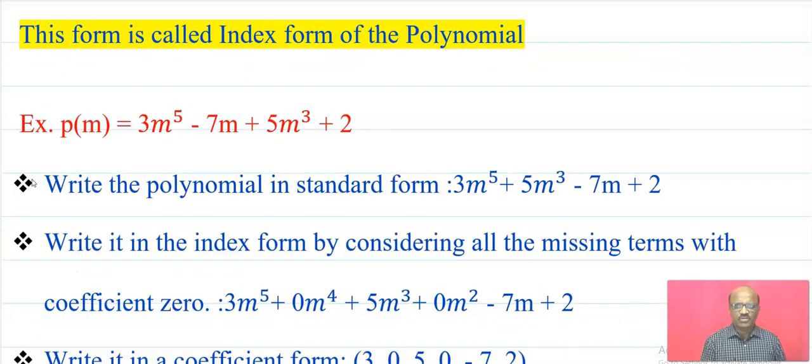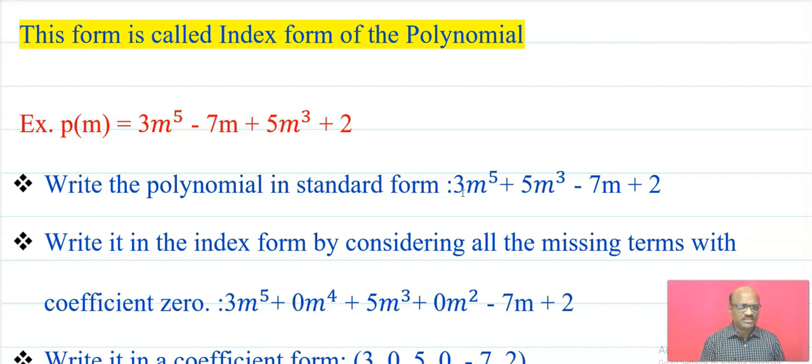Now the next polynomial is p of m, where m is a variable: 3m raised to 5 minus 7m plus 5m raised to 3 plus 2. Write the polynomial in standard form. Now what is the decreasing order of exponents?